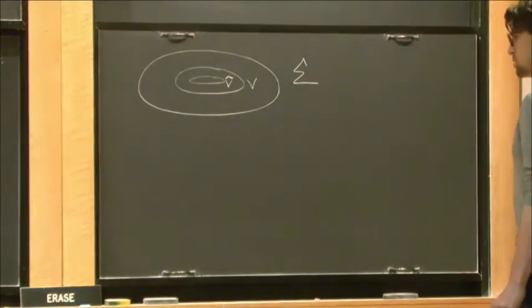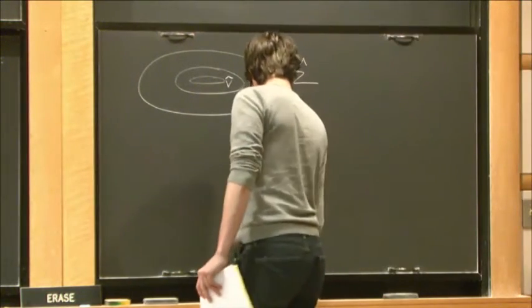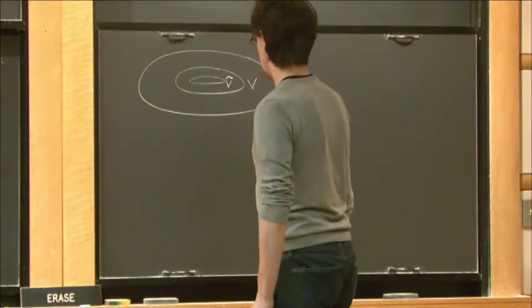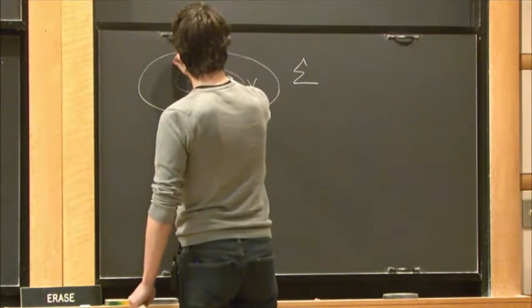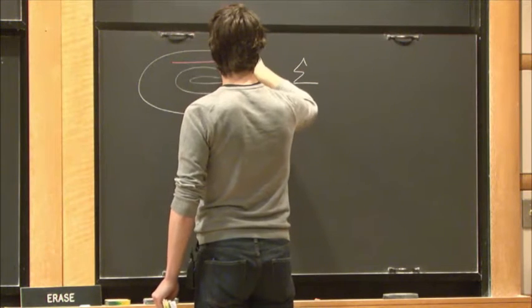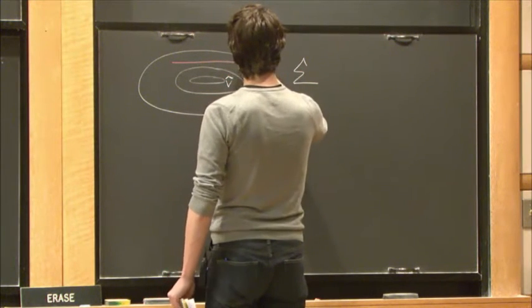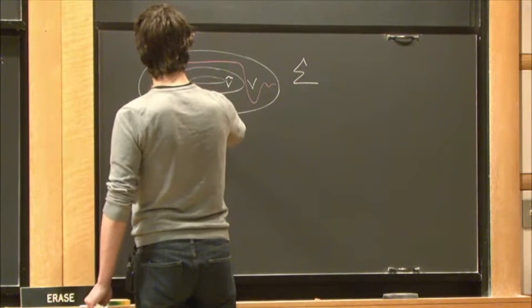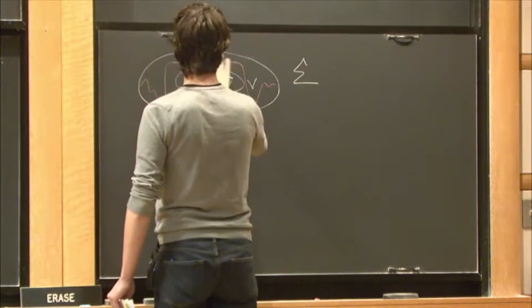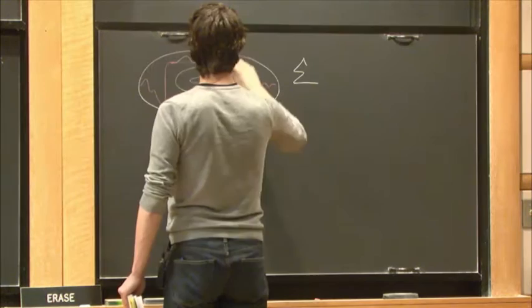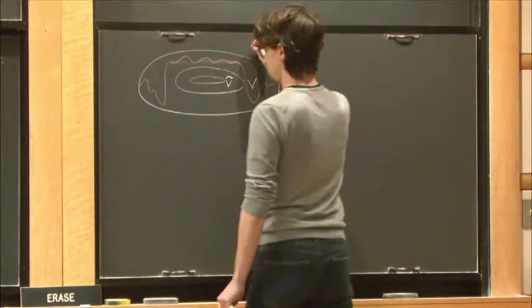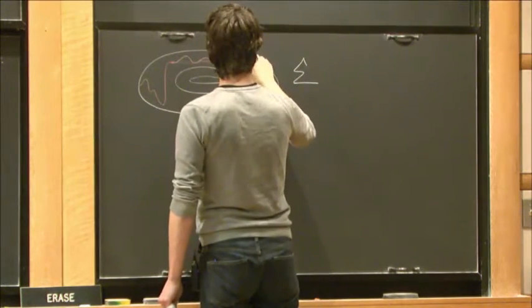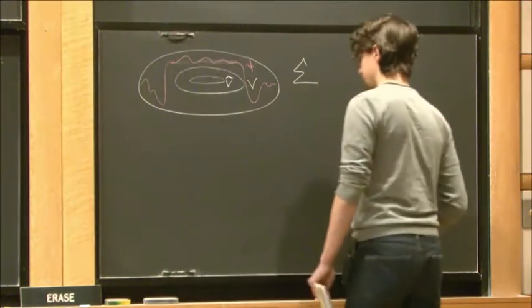And we have this function that's positive over V. And then once it gets off of V, it might be negative. So this is our function psi.